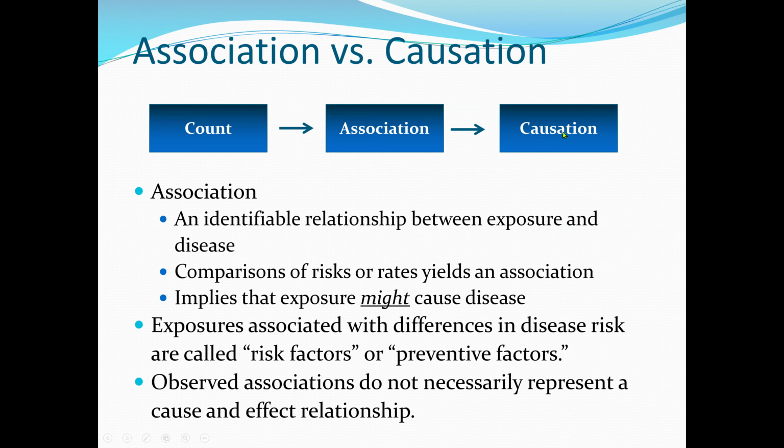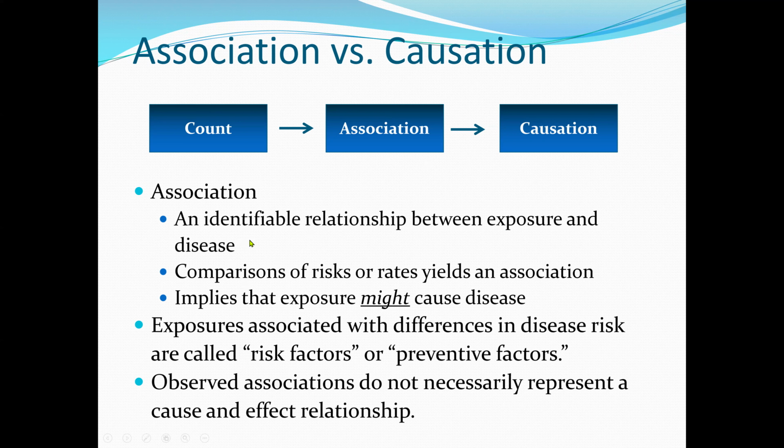That's causation. There should always be an association before causation. For example, we cannot say a risk factor A causes the outcome B if there's no association or relationship between A and B. There must be an association before causation.